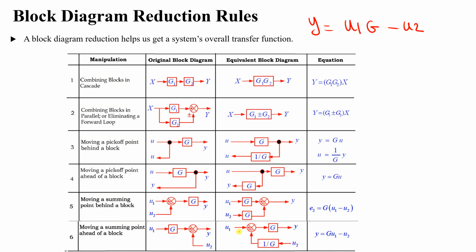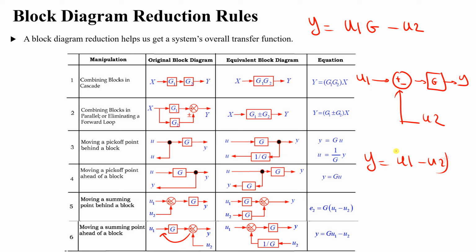Now if I would like to move this point here, then you will find that we will have U1 like this, plus or minus G Y. And if I keep U2 as it is, then you will find that the output Y is equal to U1 minus U2 multiplied by this gain G. So it will be U1G minus U2G.